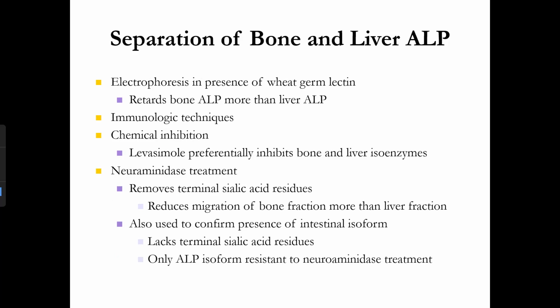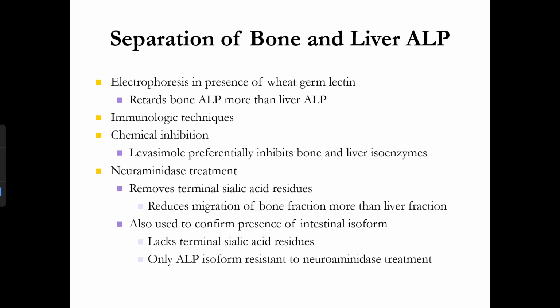The separation of bone and liver ALP: electrophoresis in the presence of wheat germ lectin retards bone ALP more than liver ALP, so that allows it to be separated by electrophoretic mechanisms. There are immunologic techniques and chemical inhibition, so levamisole preferentially inhibits bone and liver isoenzymes.